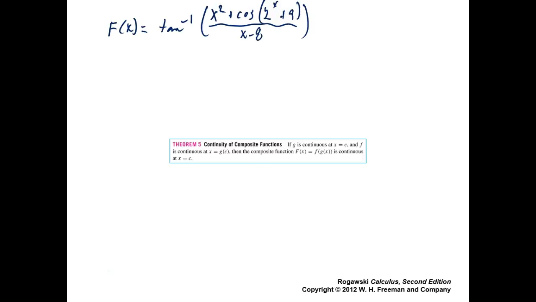So therefore this elementary function, that doesn't look very elementary to me, is continuous everywhere except x equals 8. See, if this had been a tangent here, you've got big problems, because what's in your argument here can't be any of your half pies. So then you have to deal with all that. Thank you for not doing that. The only thing that you had to deal with was that denominator.